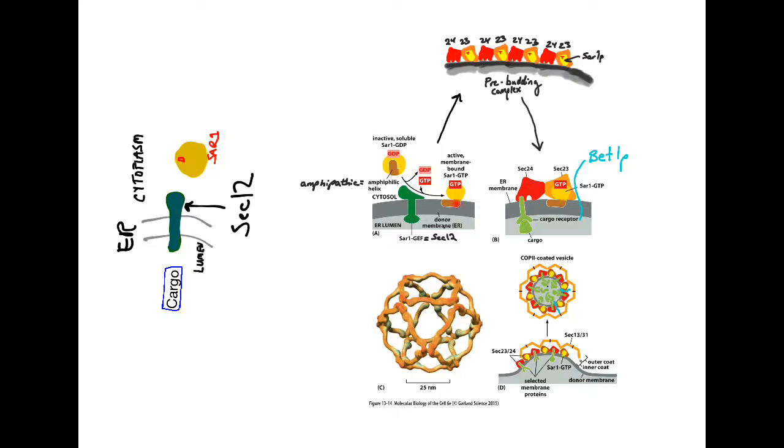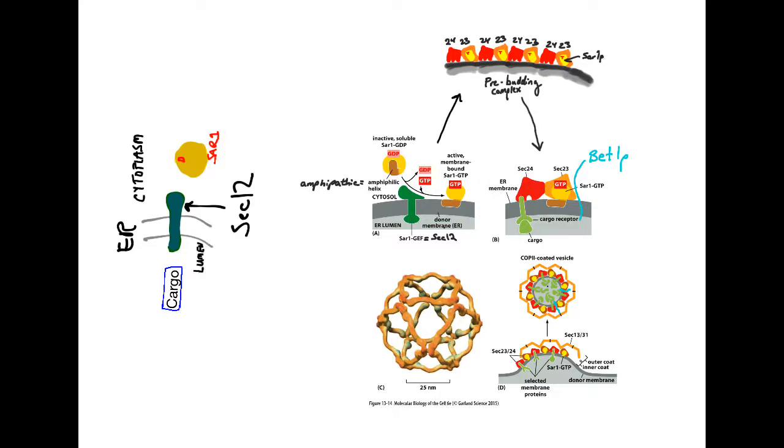So this helix can lie really in and on the membrane of the ER such that the hydrophobic face is here and the polar face is here, and that serves as a reversible, fairly weak but significant anchor that keeps SAR1P, when it's GTP bound, on the surface of the ER where it does what it does next. And what it does next is recruit the components of the COP2 coat.